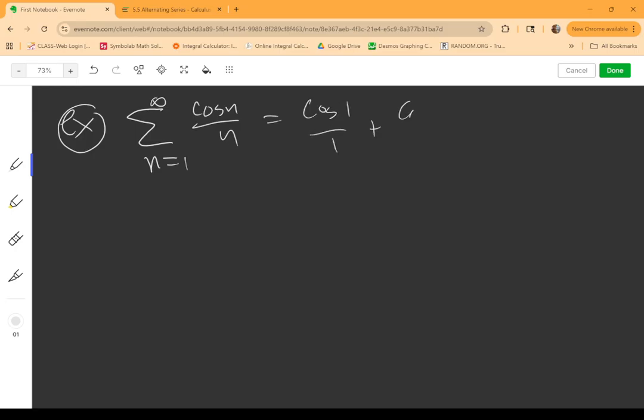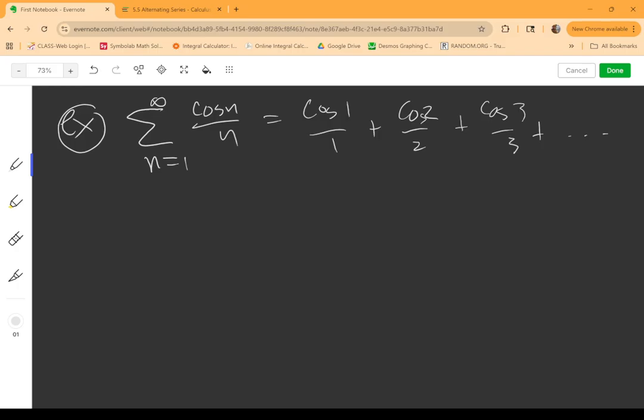Okay, so let's say for this example, I'm dealing with the series, the sum from n equals 1 to infinity of cosine n over n. Again, we can see that's cosine 1 over 1 plus cosine 2 over 2, plus cosine 3 over 3, etc. Now what we notice here is that those values of cosine, it's not even alternating.